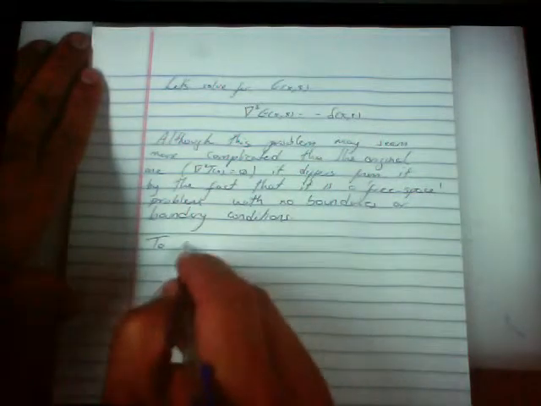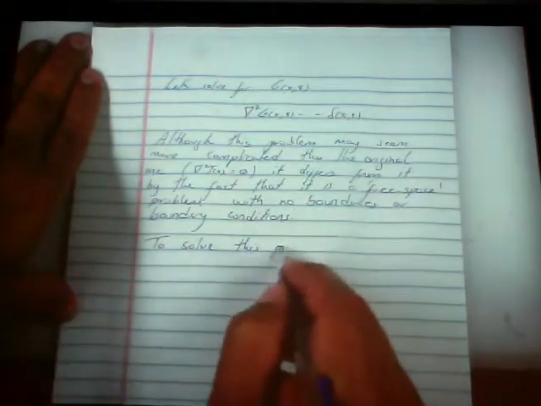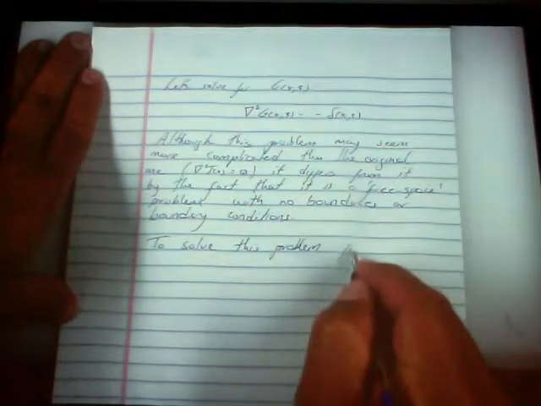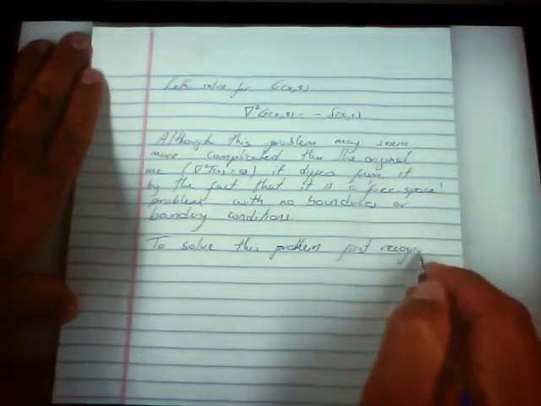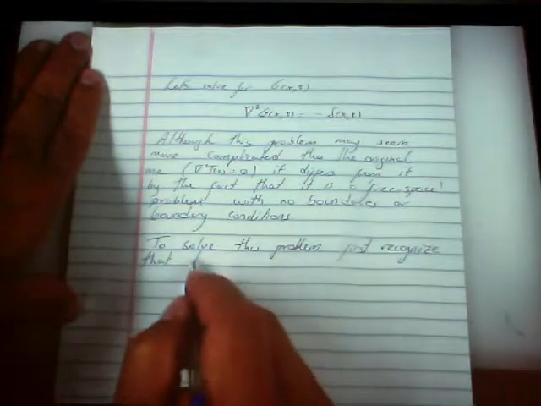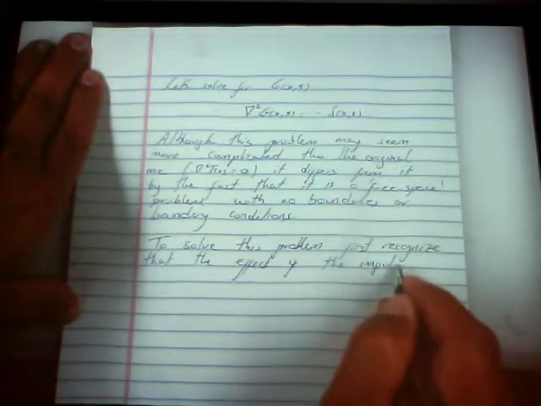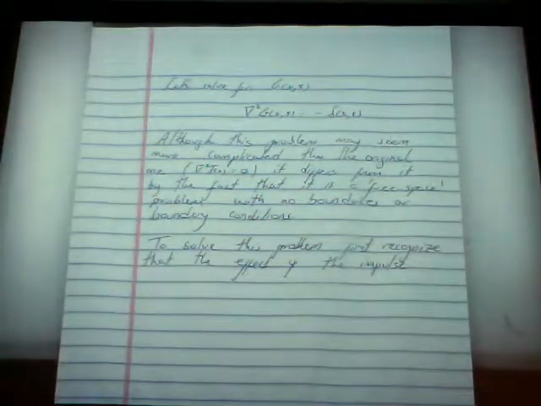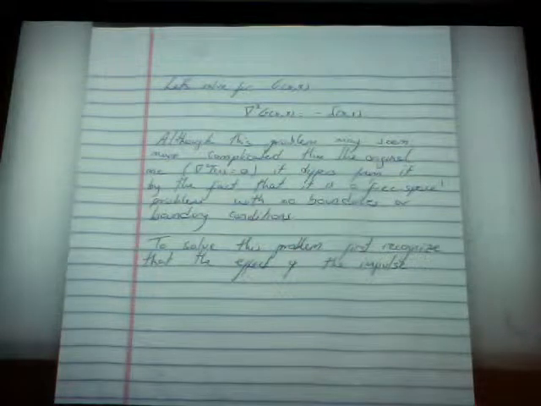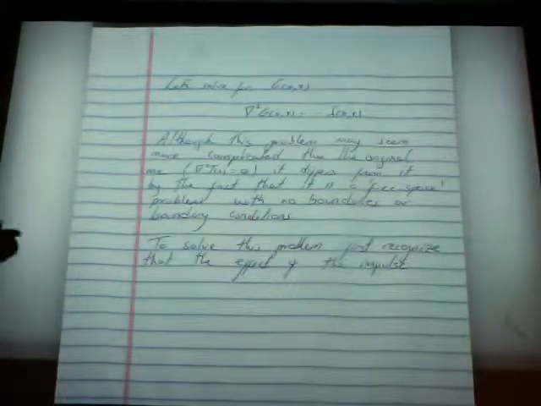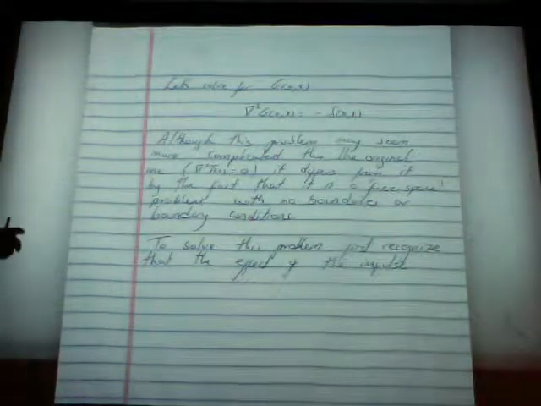Now, to solve this problem, first recognize that the effect of the impulse, so if there's an impulse here, let's say that this is a 3D space and I put an impulse here, an infinite impulse of temperature, a Dirac delta function right here, that impulse will propagate spherically, radially symmetric. If we're talking about a 2D plane, and I put an impulse somewhere on the plane, that impulse will propagate radially symmetric to the source point, right?